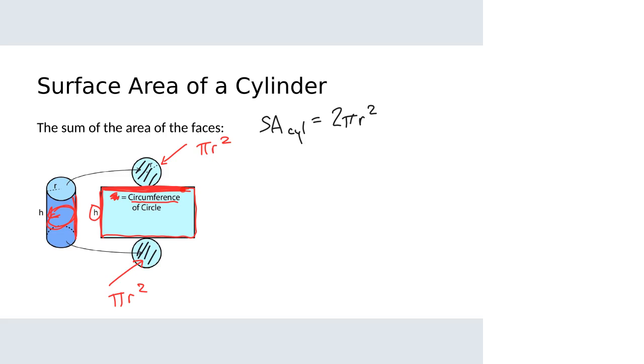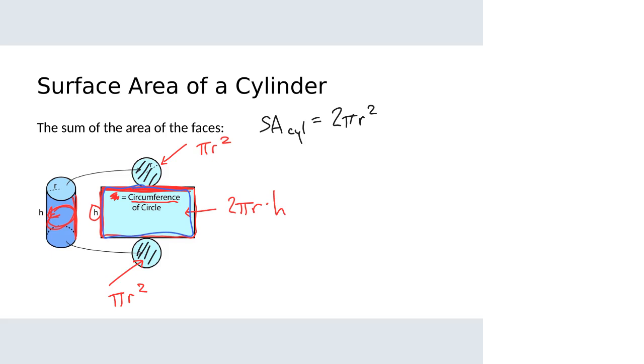The circumference of a circle is 2 pi r, and we need to multiply that by the height. So the area of this rectangle is going to be 2 pi r multiplied by the height.